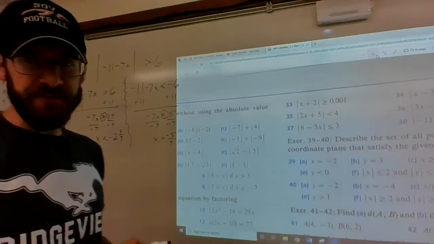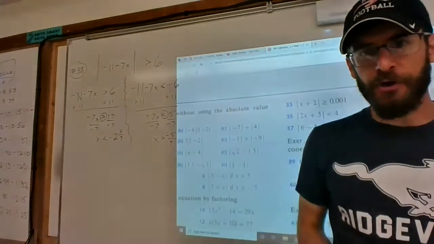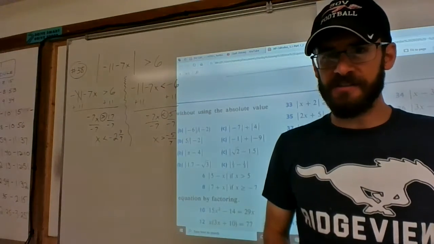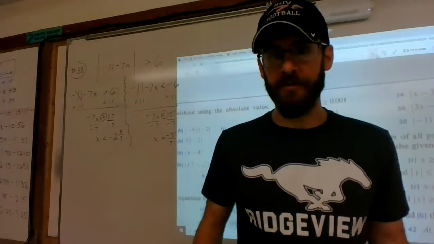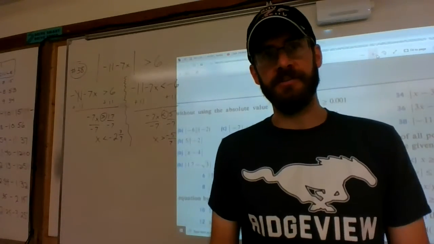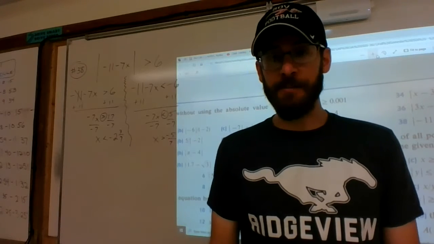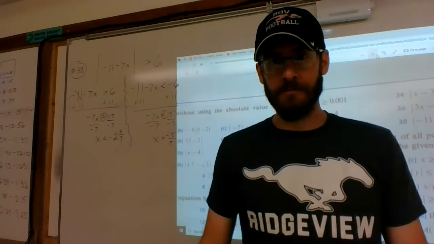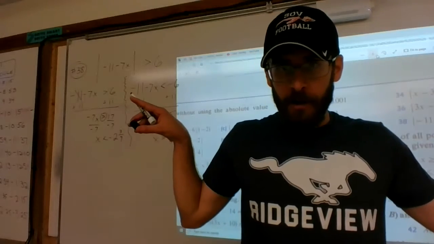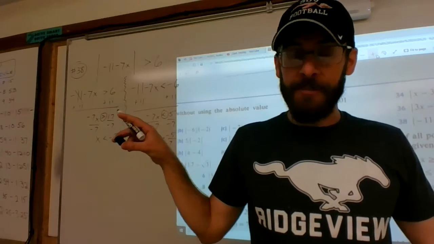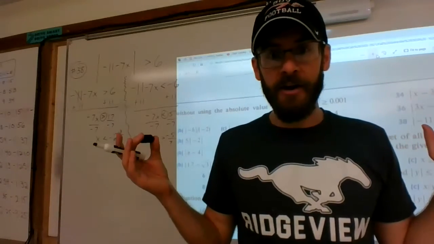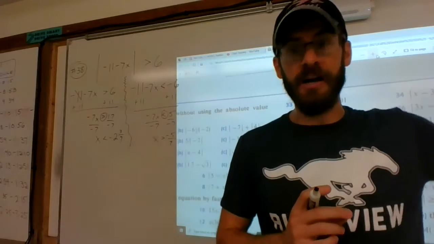All right, now this is a different situation. The greater than 6 means that this distance has a huge range. Think about what it means to be greater than 6. The distance can be greater than 6. Wow, so the distance can be 80 trillion. That means you're going to have opposite type behavior. The intervals are going from negative infinity to somewhere and going from somewhere to positive infinity.